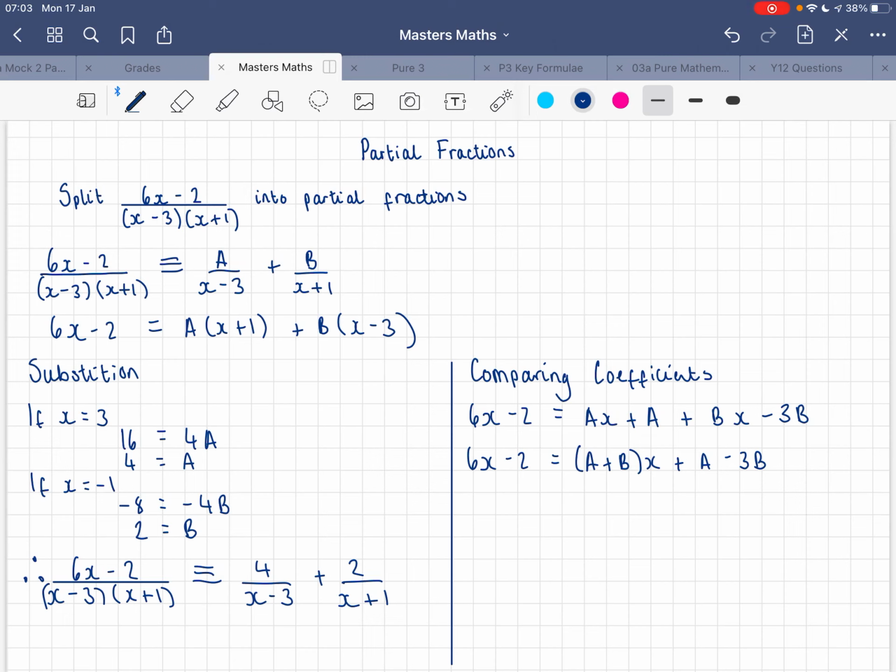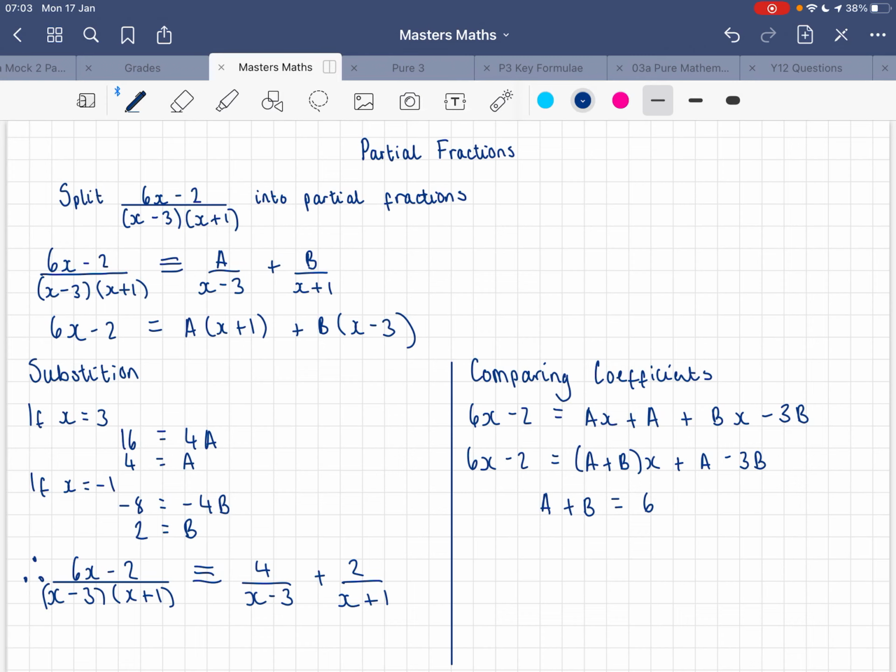There's not a lot I can do there because they're just two separate constants. Now I'm going to compare them to the similar constants on the other side. So I know the x coefficient is 6 or a plus b. So a plus b has to be equal to 6. So I've kind of formed an equation there.